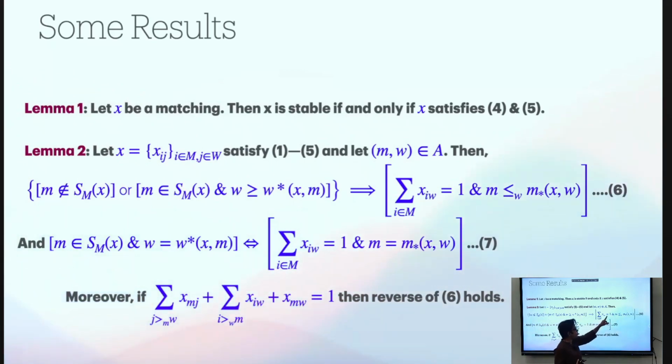Well, it must be because she is definitely matched to somebody and that person is at least as good as M, right?